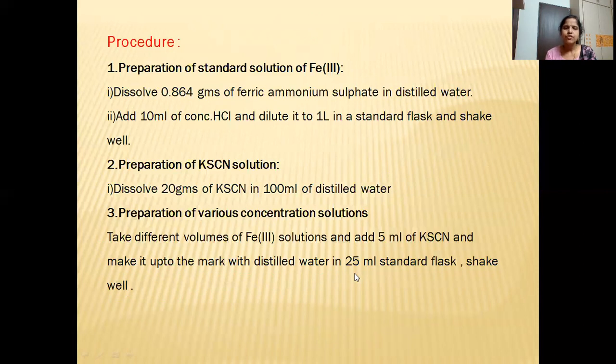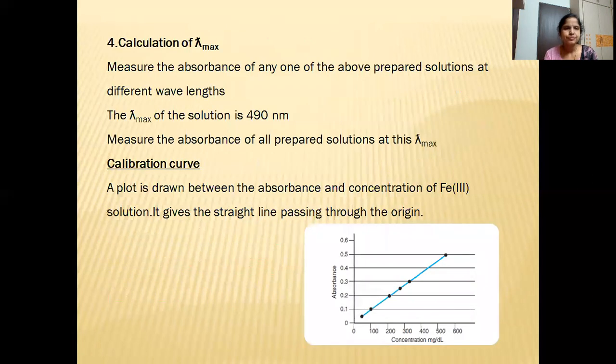So in all these 5 standard flask solutions, which are 25 ml each, they have different concentrations of iron, because we have taken different volumes of iron in each standard flask. Now you just shake them and find out the absorbance for each solution we have prepared, at lambda max 490 nanometers.